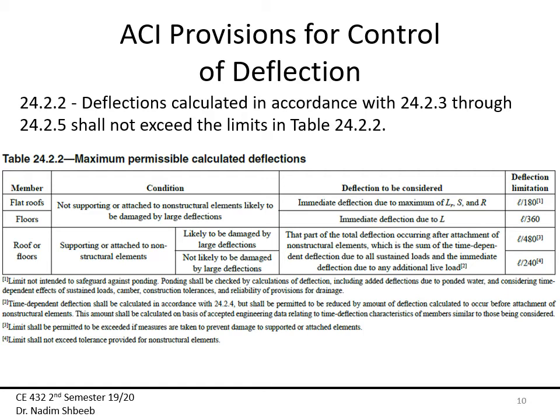If I have flat roofs not supporting or attached to non-structural elements likely to be damaged by large deflection, then the deflection to be considered is the immediate deflection due to the maximum of the live roof load, snow load, or rain load, and that should not be more than L over 180.